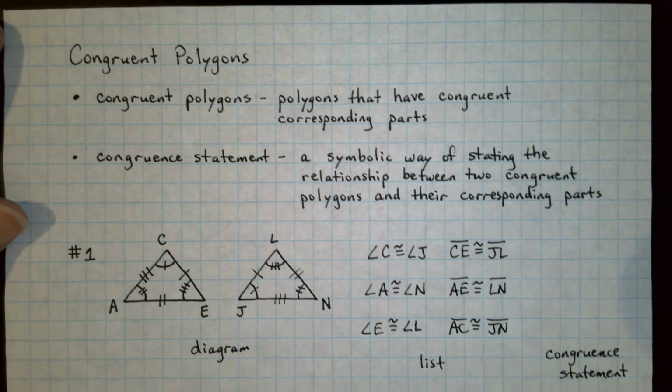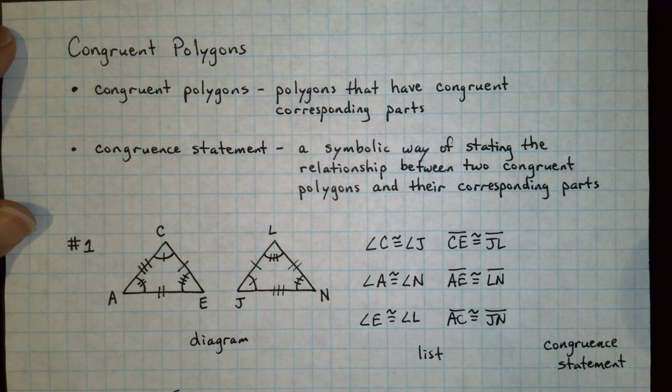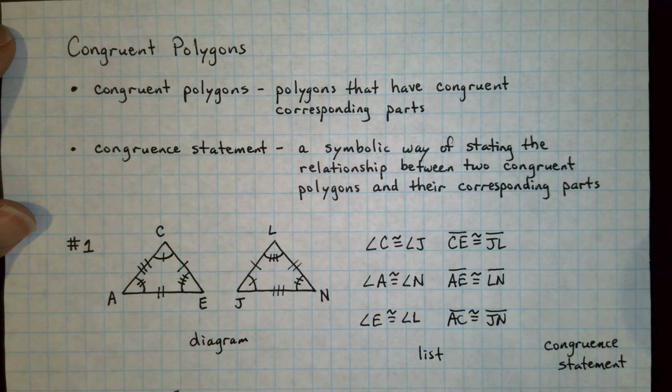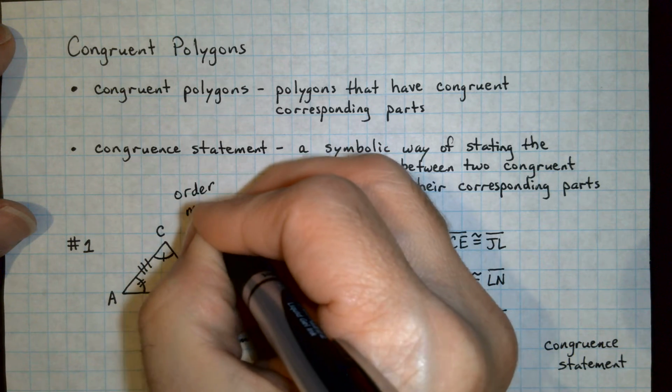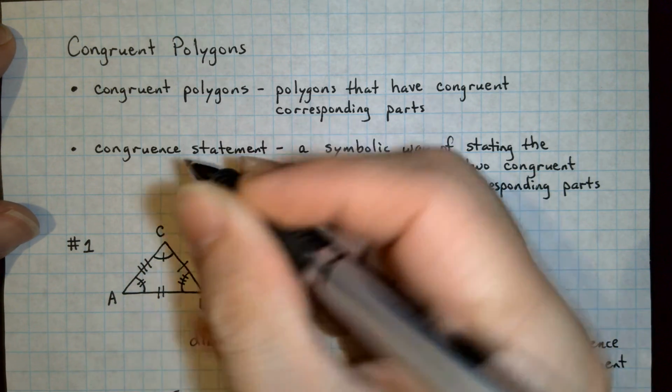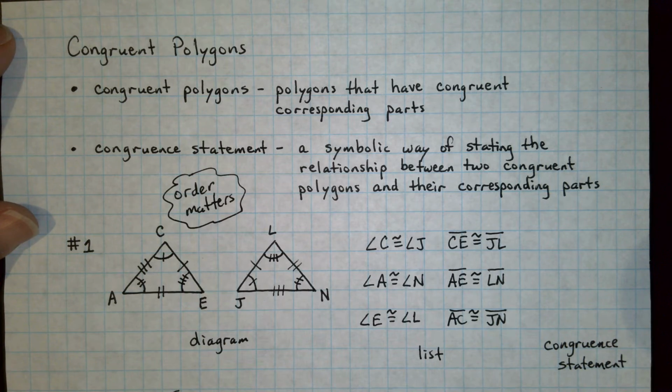Now, the congruence statement is a symbolic way of stating the relationship between two congruent polygons and their corresponding parts. So because of that, the order matters. The order is of critical importance. The order is going to matter. Now, here's how we do that.